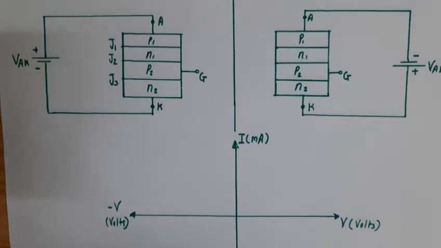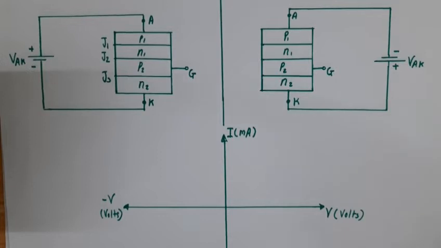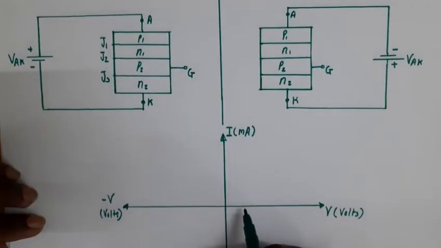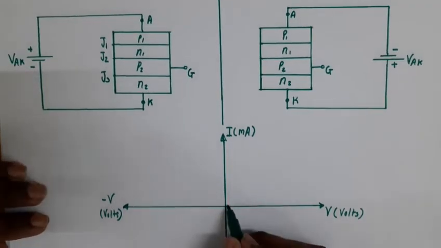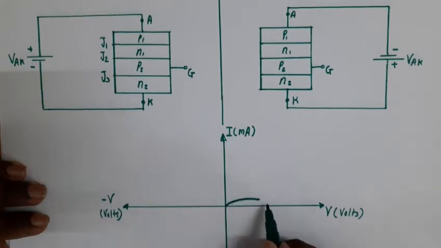As the voltage applied to anode increased, the anode becomes more and more positive. Because of that, a forward leakage current will flow through the device. We can show this change on the VI characteristic of the device. Now, here as we increase the voltage across anode to cathode, you can see a leakage current is started flowing through the device.